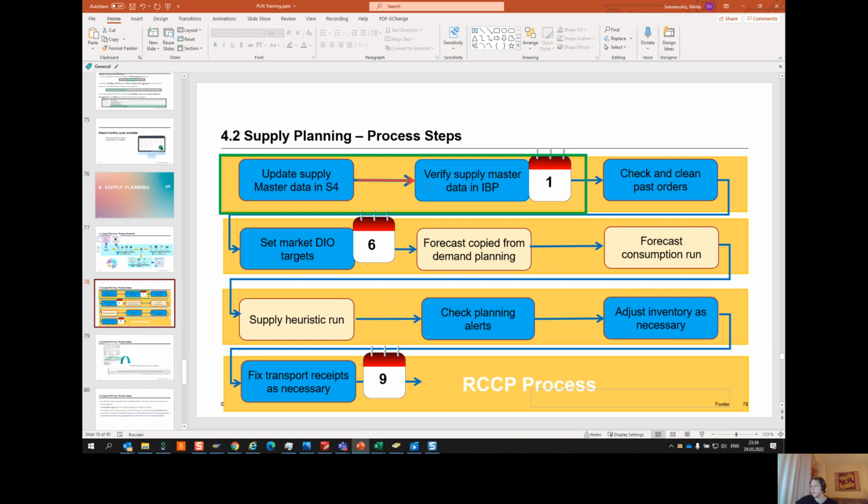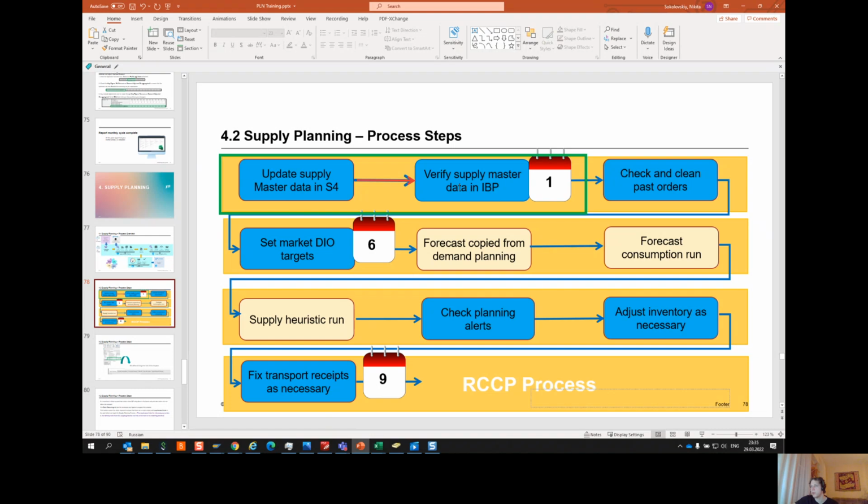So then they double check if the data is correct in IBP. Well, that's basically true for both demand and supply steps. They both maintain data in SAP and synchronize it with IBP and double check. But for demand planners, the data set required is different.